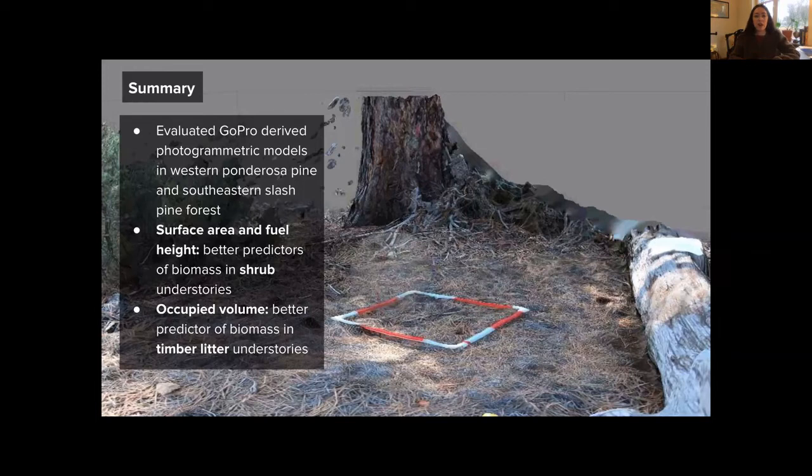What we found so far is that surface area and fuel height calculated from our models was a better predictor of biomass in our shrubbier understories, like those we saw in our Tate's Hell, Florida site. And so far, occupied volume has been a better predictor of biomass in these timber litter dominated understories, like those we see in our Lubrecht site in Western Montana.